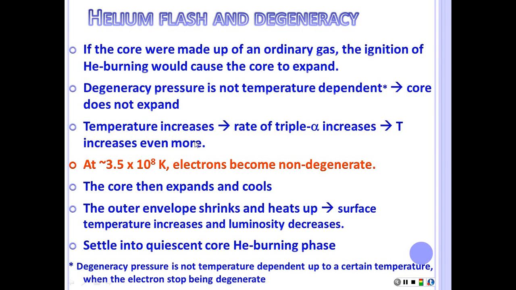But it means that the temperature increases and the rate of the triple alpha increases, so the temperature increases even more until eventually it becomes non-degenerate. When it becomes non-degenerate, the core expands and cools because it uses some energy to expand, and that causes a restructuring of the entire star. This is when we get to that yellow giant or yellow subgiant branch, and we get core helium burning.